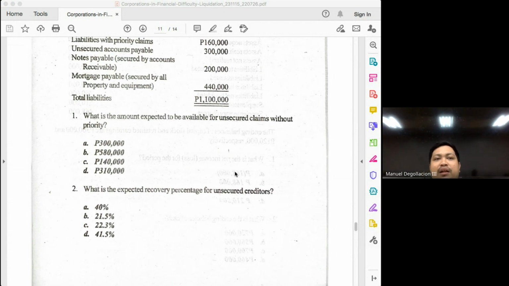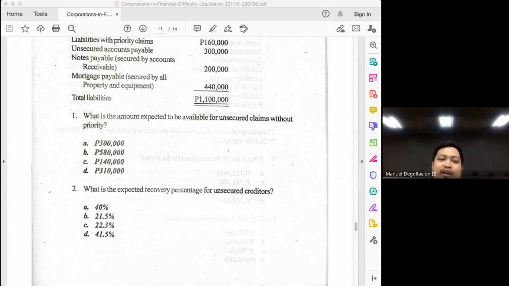But what is number 1 asking for, class? You're asked to include the unsecured portion of the partially secured. And how much was to be paid in the unsecured portion of the partially secured notes payable, class? It was 20,000. And how much is payments to the unsecured accounts payable? It was 120. So 120 plus 20 will give you the answer of 140.